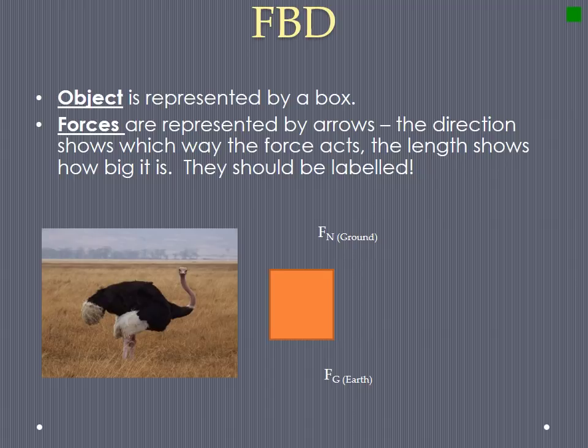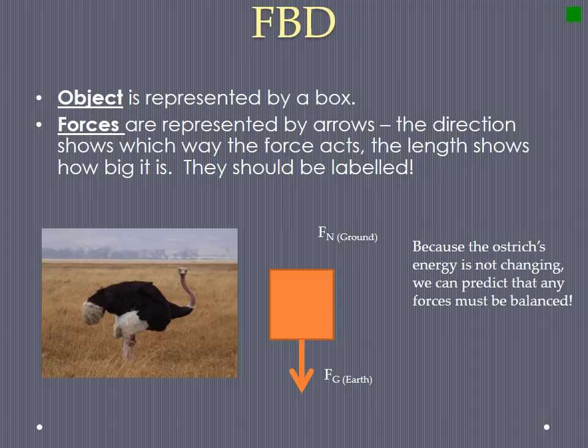A force is represented by arrows that show the direction in which the force is acting. What direction is it trying to change the motion of the object? In this case, gravity is trying to change the motion of the ostrich downward toward the center of the earth.